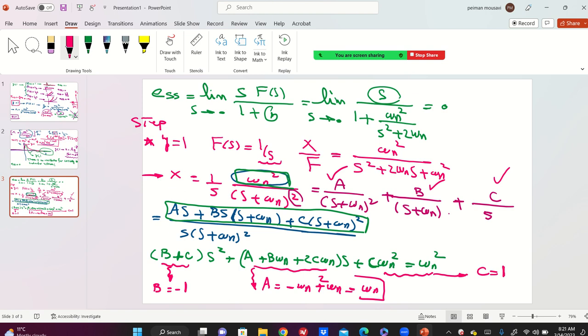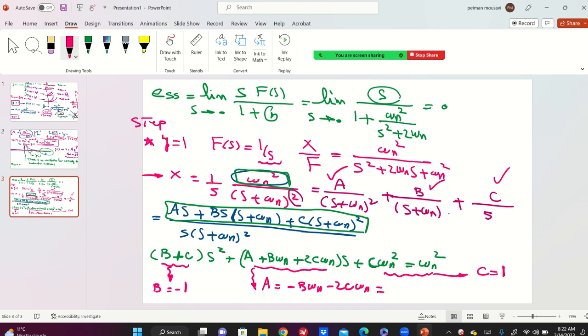No, this is wrong. B s omega, so 2 s. Oh, minus. Very good. Let me write like this: minus B omega n minus 2C omega n.